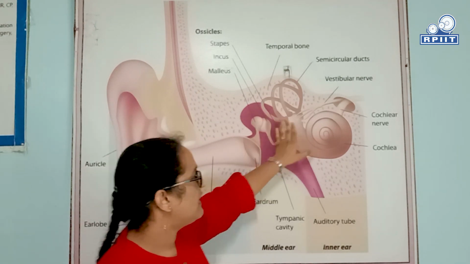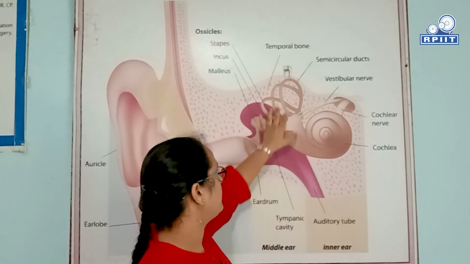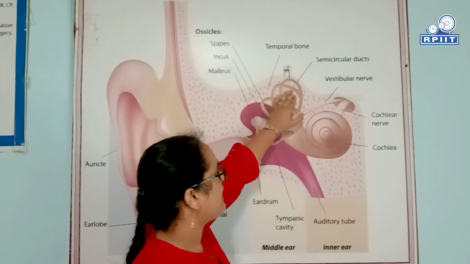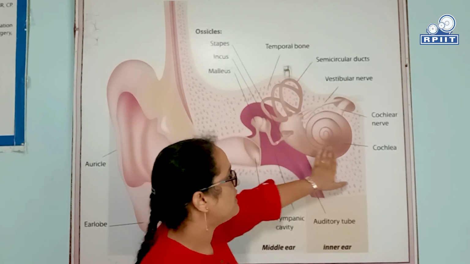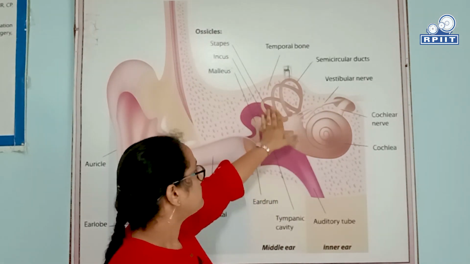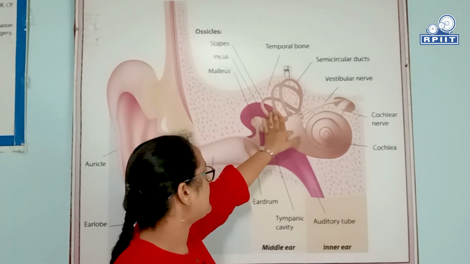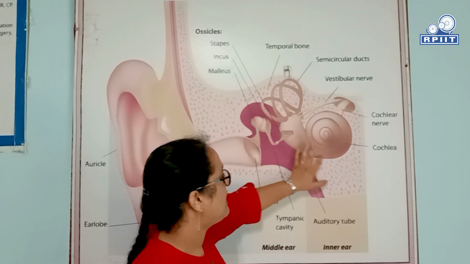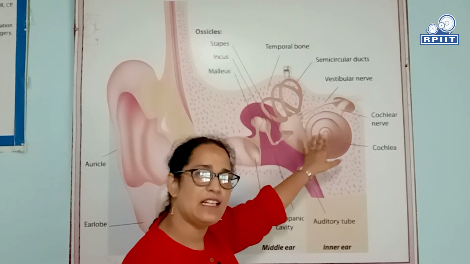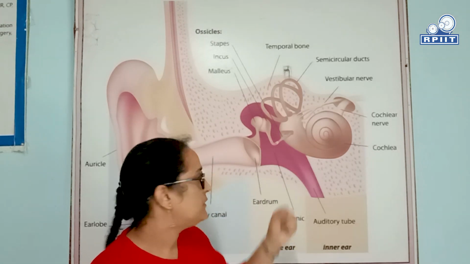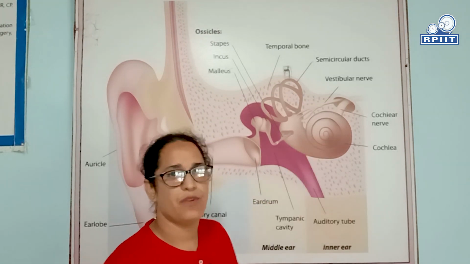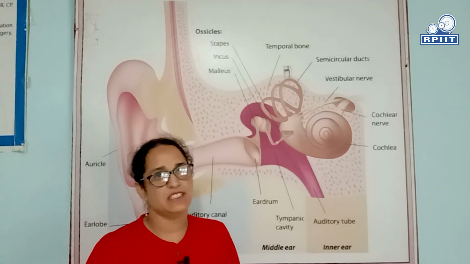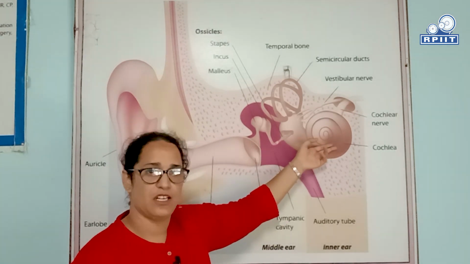After the middle ear, let's continue with the inner ear. Here we can see the inner ear consists of the semicircular canals, vestibule and cochlea. The semicircular canals are anterior, posterior and lateral, whereas this is the vestibule, and this is the cochlea. The cochlea contains the spiral organ. The spiral organ contains the basilar membrane, over which the hair cells, on which the auditory receptors are present, are located in the cochlear duct.